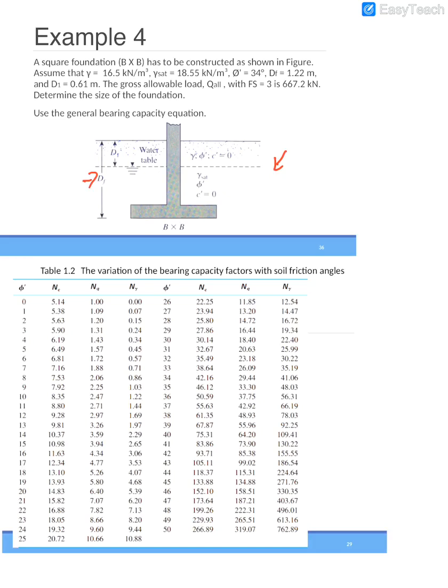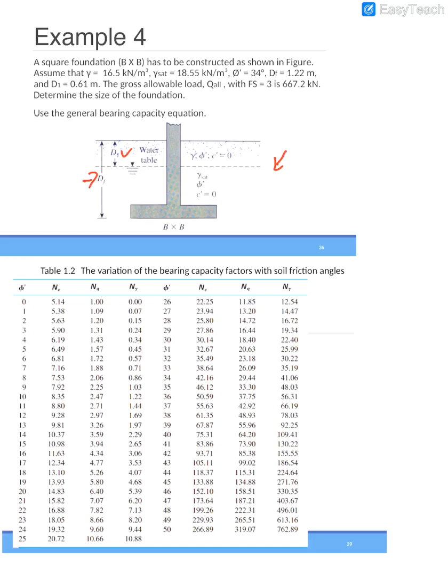D1, the groundwater level, is given as 0.61 meter.